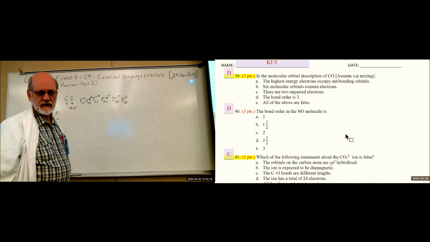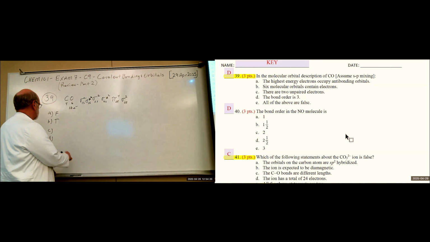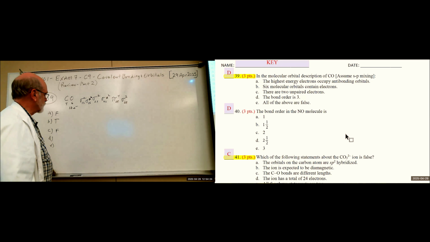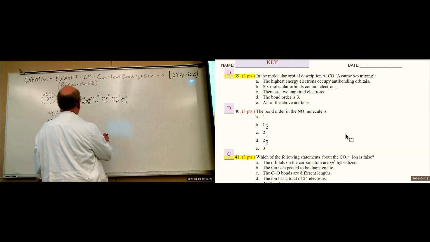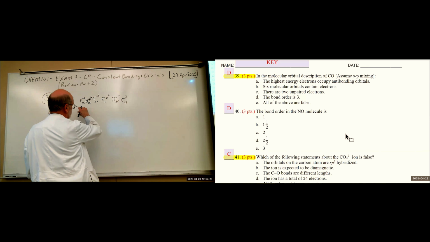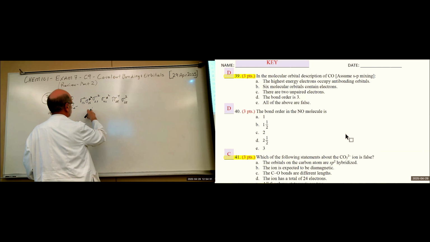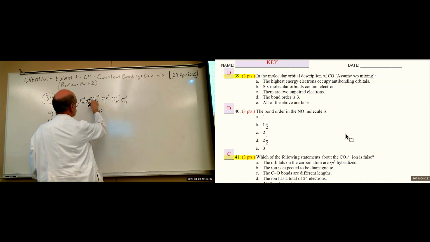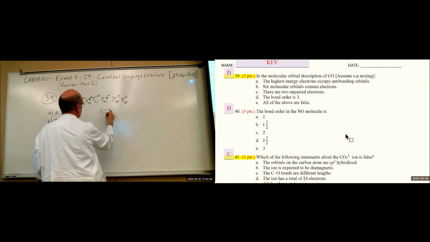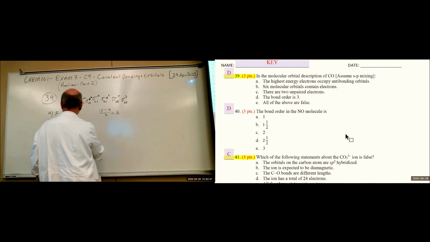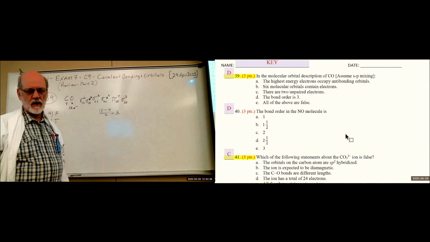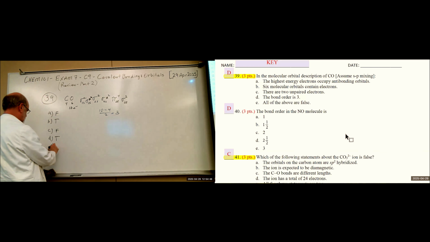Okay. C, there are 2 unpaired electrons. No, there are no unpaired electrons. D, the bond order is 3. All right. If we use the complete structure, we have 2, 4, 8, 9, 10, minus 2, 4. Yeah, that's 3. D is true. All the above are false. That's false.